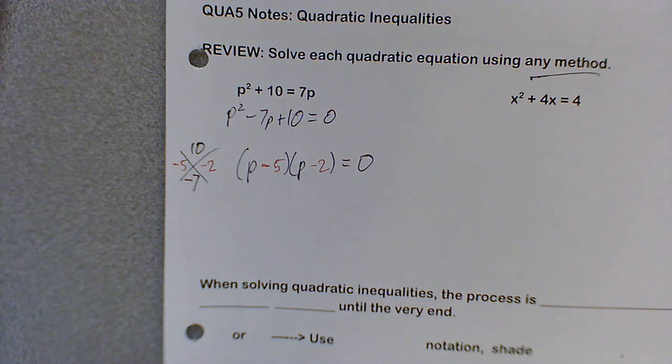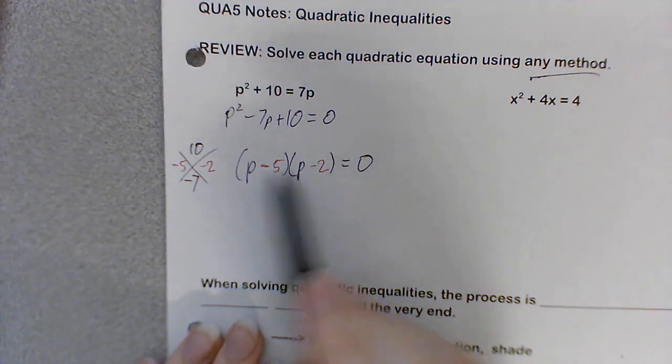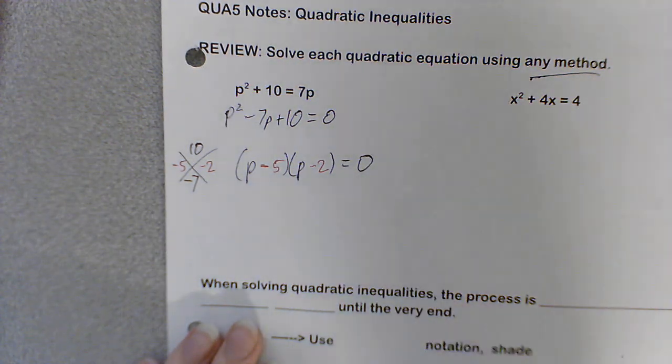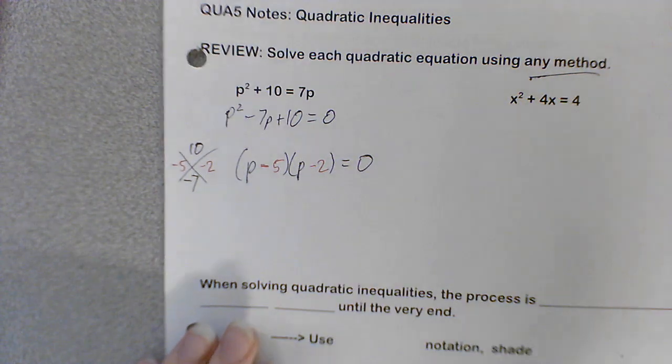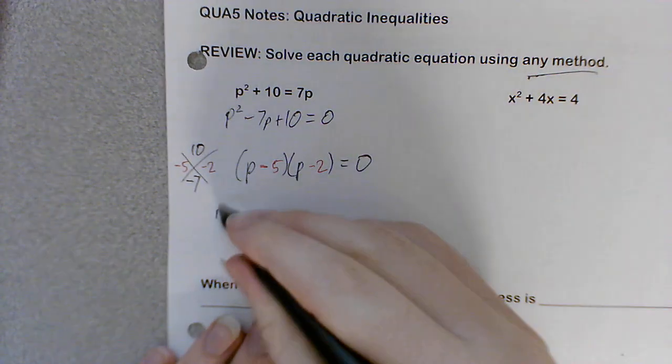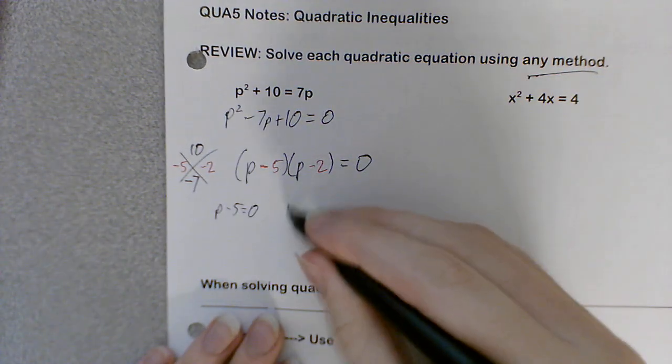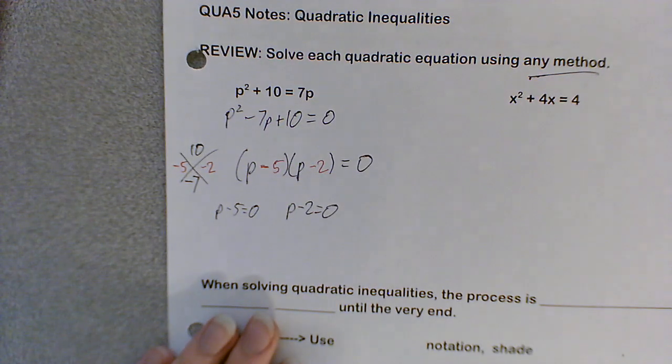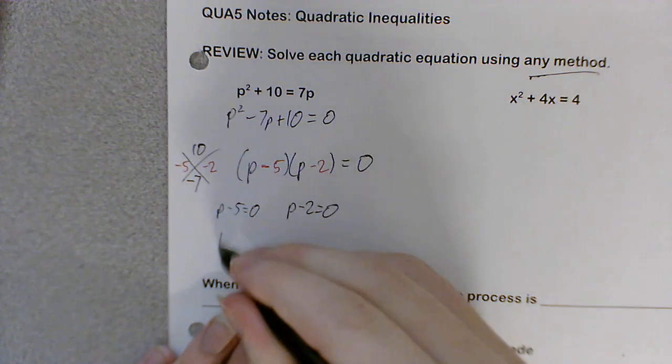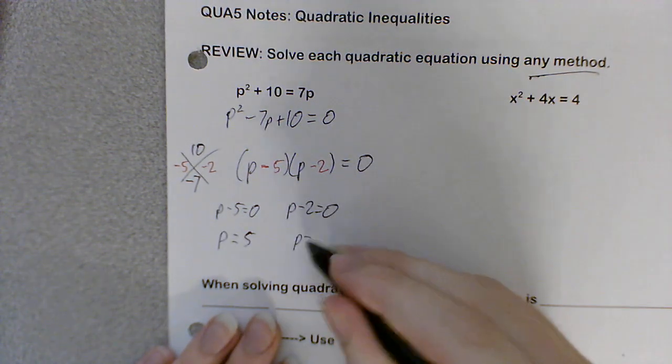Alright, so now, because we have two things multiplied and they equal 0, one of them has to be equal to 0. So we have our first case where p minus 5 is equal to 0, and our second case where p minus 2 is equal to 0. Now we're going to solve both for p. P equals 5 and p equals 2.